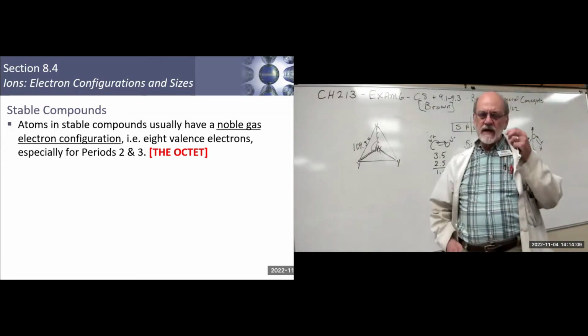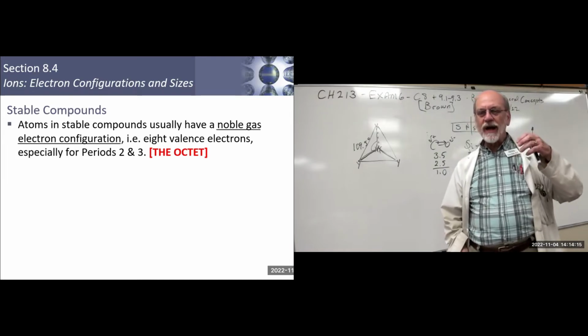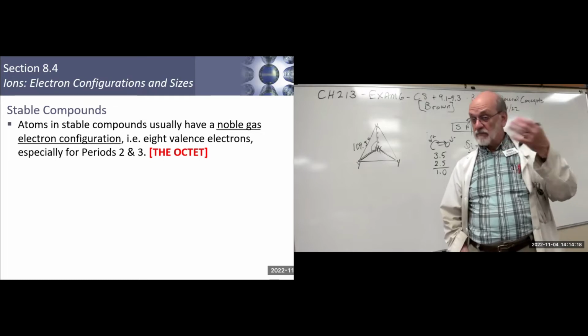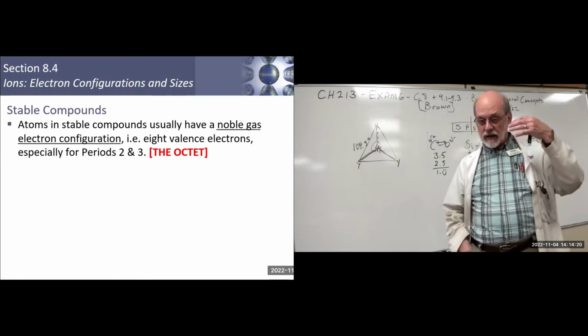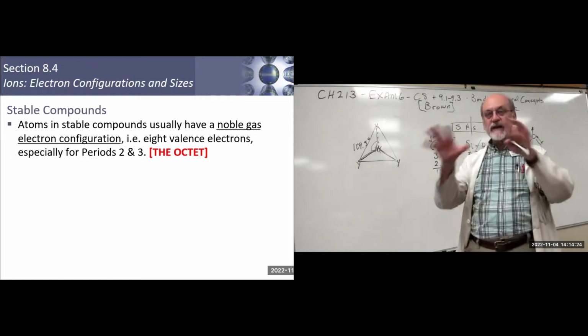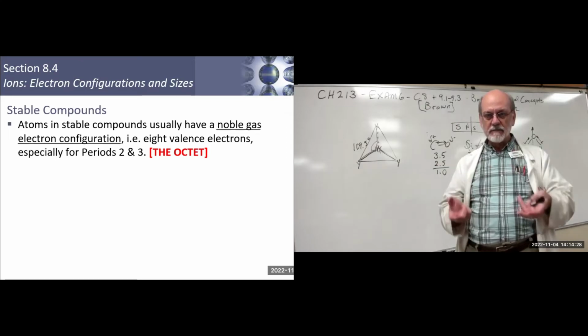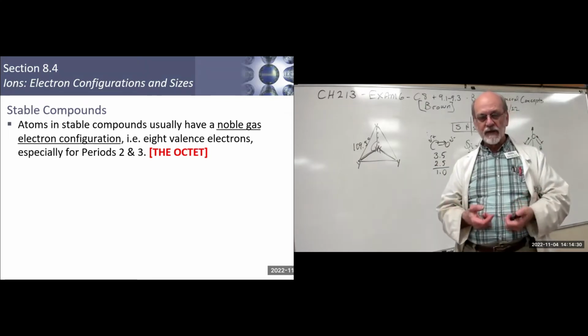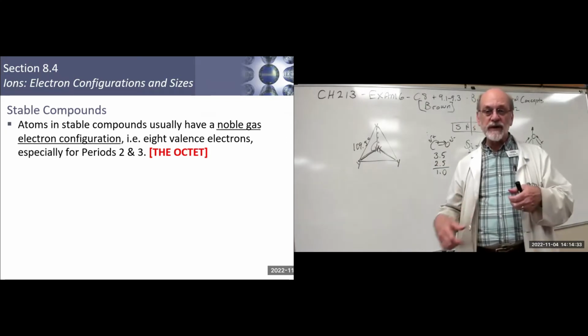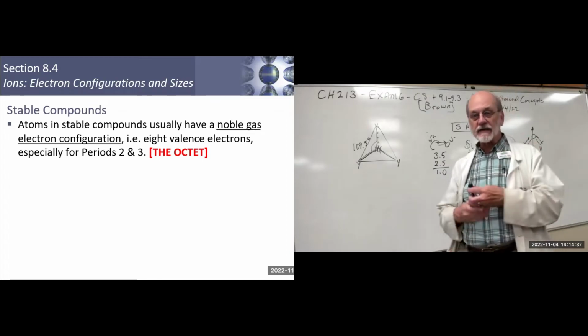What we find is that stable compounds form when each of the atoms has acquired, by sharing, enough electrons to complete its valence shell, and now it looks like a noble gas. And for the second and third period atoms, that means we complete the octet.